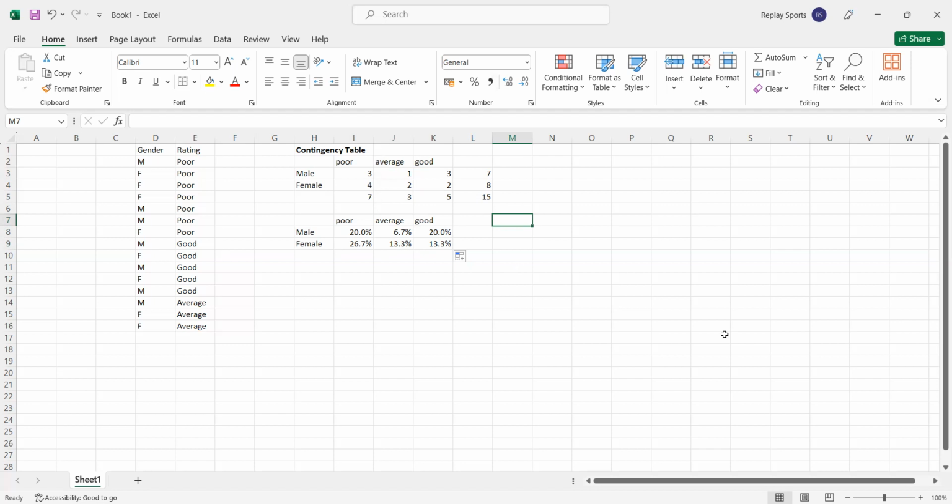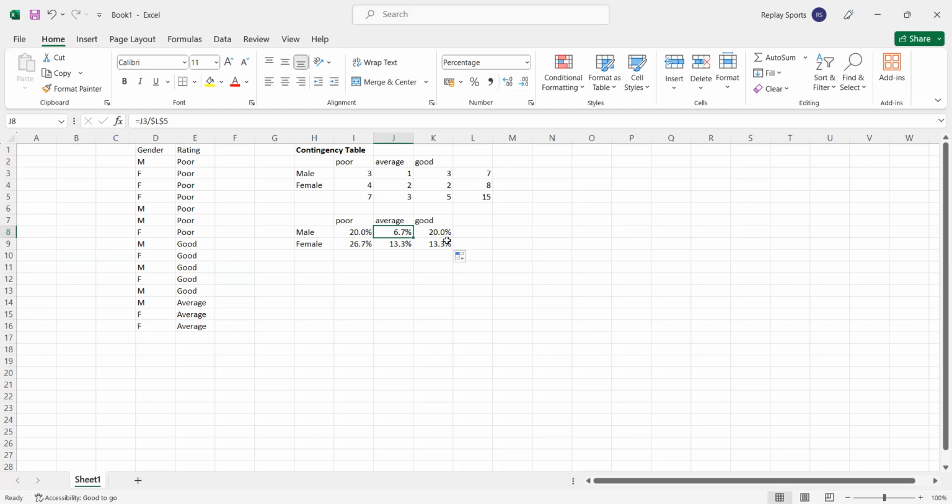Now if you see here, what do you see? Generally, the assumption that we'll make is that female gets more poor ratings and more average ratings, because 26% versus 20%. Here in average also, male has only 6% versus 13%. Most male get a good rating. So female gets most average and poor.